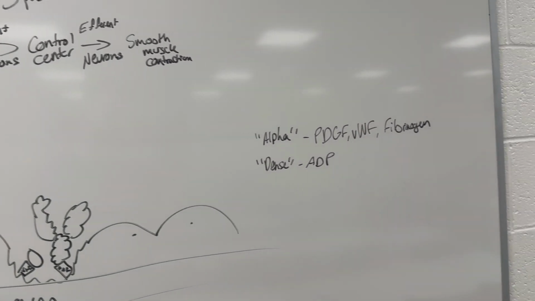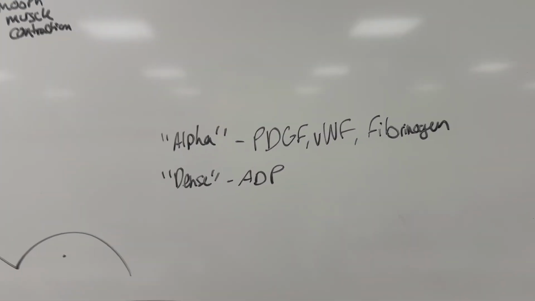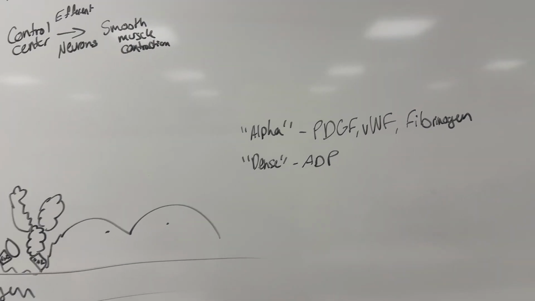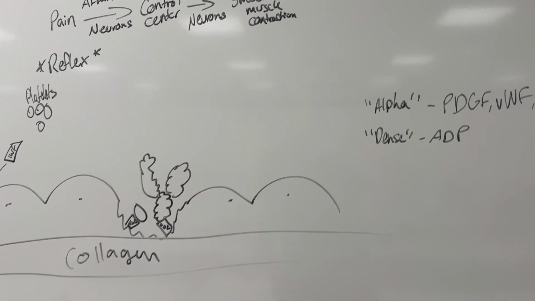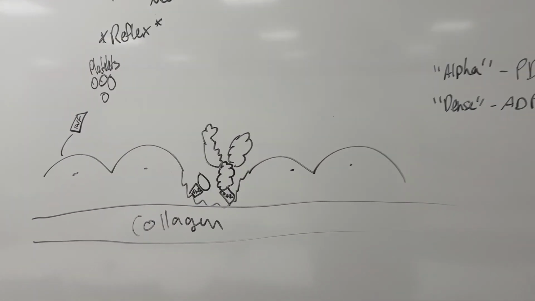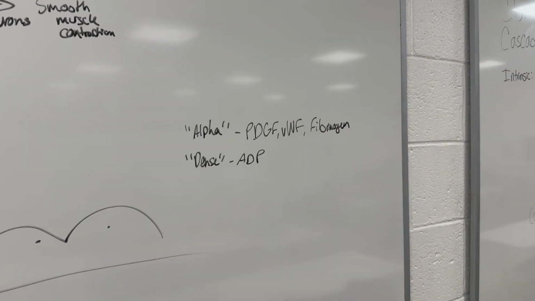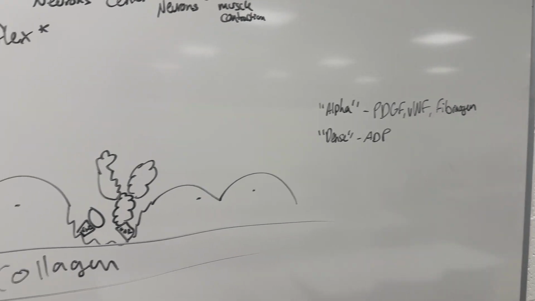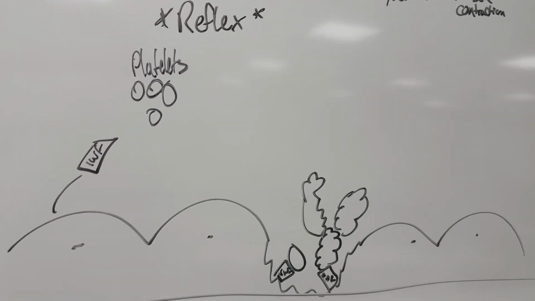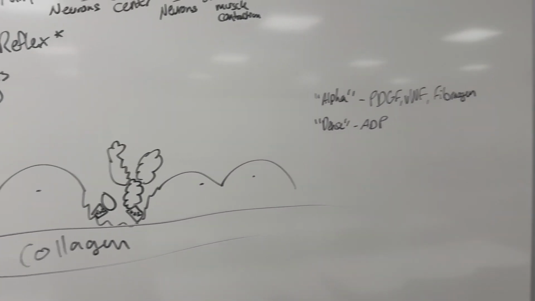Now in their active form, platelets have two different granules, alpha and dense. The alpha granule is going to secrete platelet-derived growth factor, which is going to help with wound healing. And we're also going to secrete more VWF to help assist with the binding of more platelets to the open wound site.